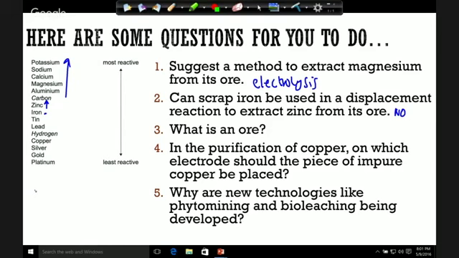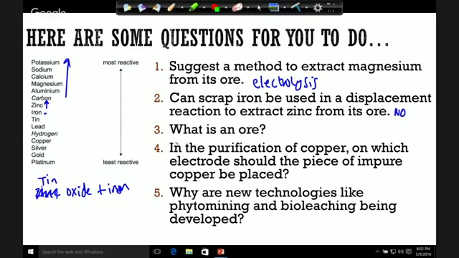If you had zinc oxide and you added iron to that, nothing would happen. Whereas if you had tin oxide, that would be okay because tin is below iron, and you would end up with iron oxide and tin left over.